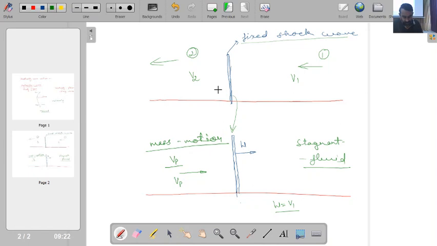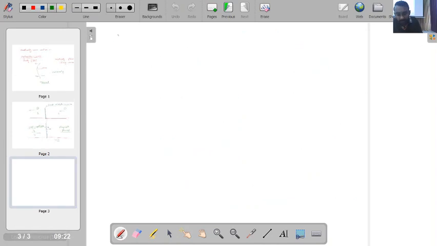One such example is a very popular device called a shock tube.